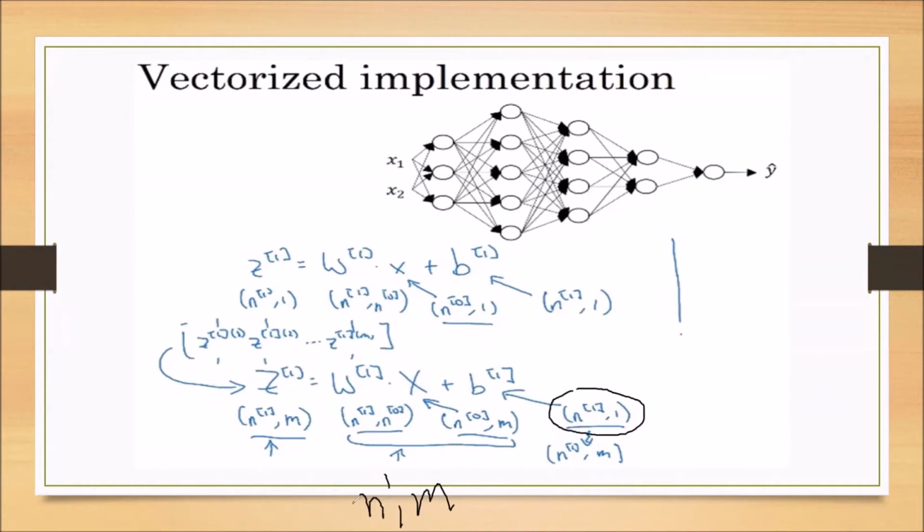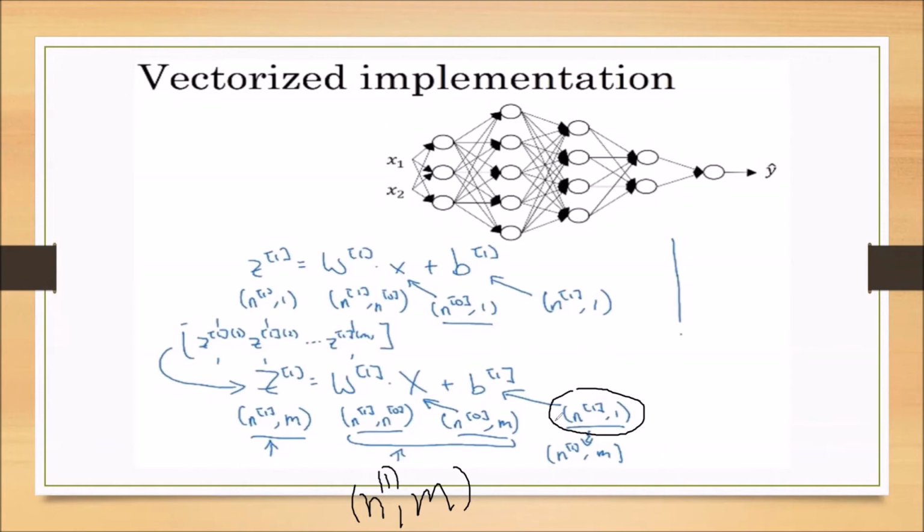How can we add an N1 by M matrix with an N1 by 1 matrix? On paper, in matrices, it is not possible. But we already discussed the concept of broadcasting in Python, which allows us to add an N by 1 matrix with an N by M matrix.